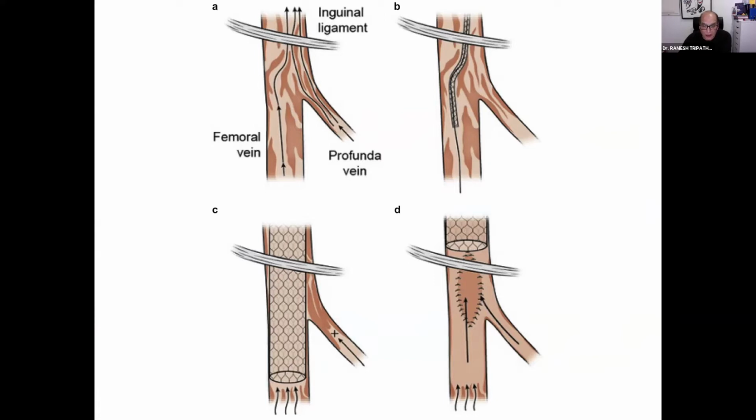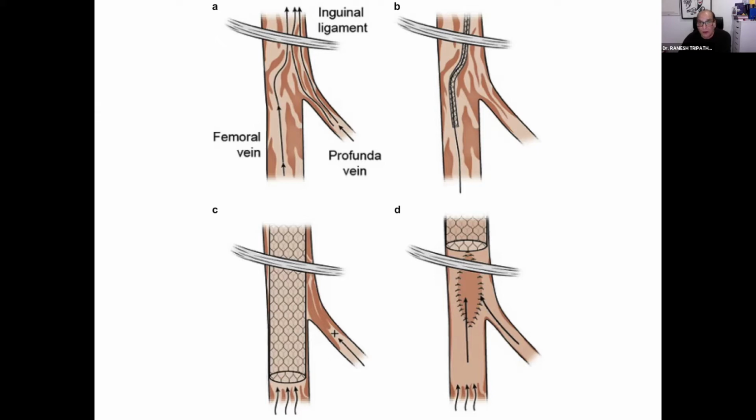Also it can reduce the flow from the profunda vein. And if there is profunda disease, then that disease is not addressed. So you are relying mainly on the inflow from the femoral vein, which is mostly occluded in DVT.